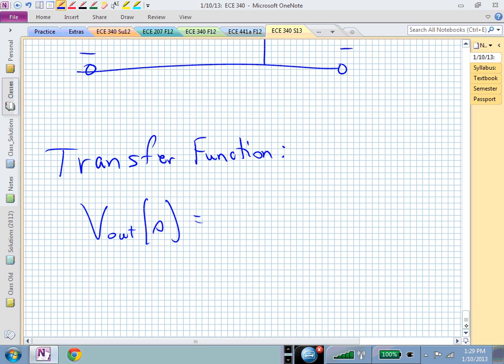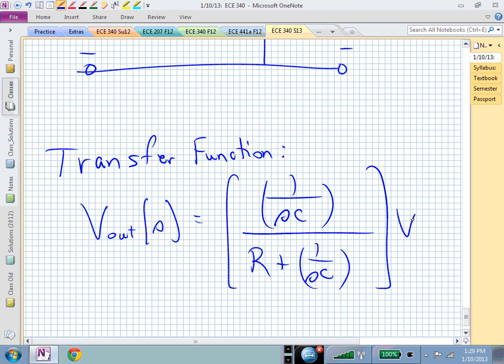So my transfer function by means of a voltage divider is the impedance of the capacitor divided by the sum of the two impedances, and that's the transfer function between the input signal's Laplace transform and the output signal's Laplace transform. And this now you found by means of a voltage divider.